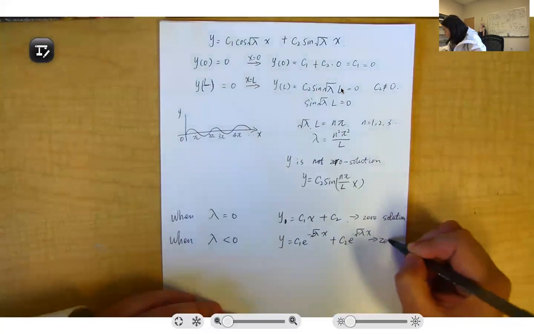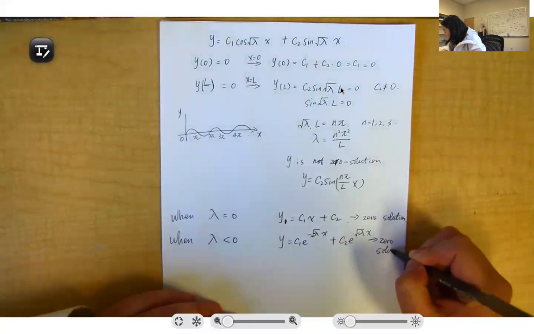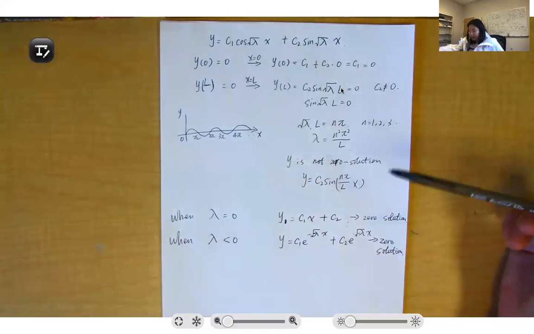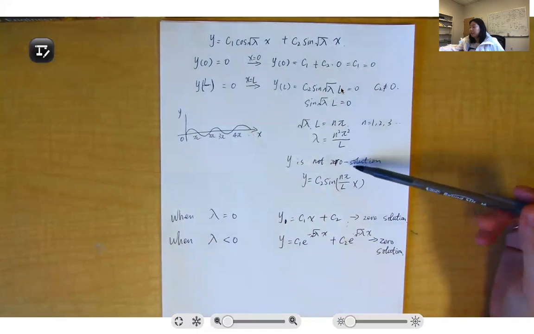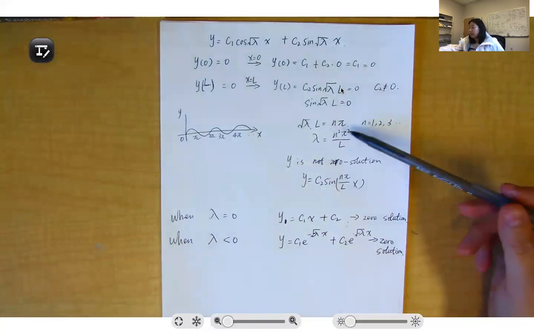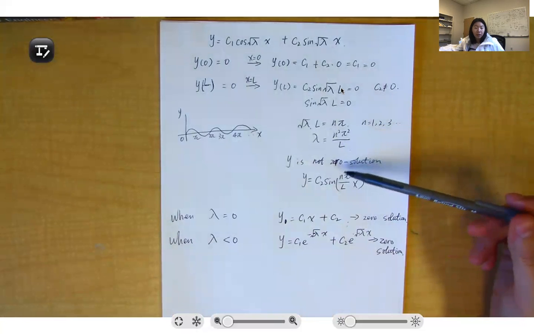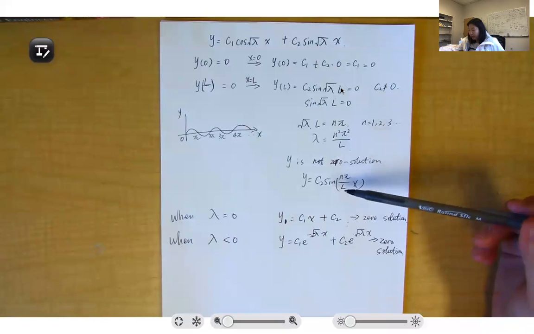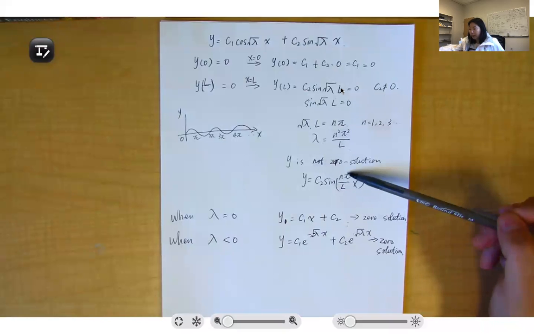So only when your lambda equals a positive number does that make sense, where lambda equals n squared pi squared over L squared. That makes sense because you have a non-zero solution of y, and you have unlimited eigenvalues as well as the unique eigenvectors associated with each eigenvalue.